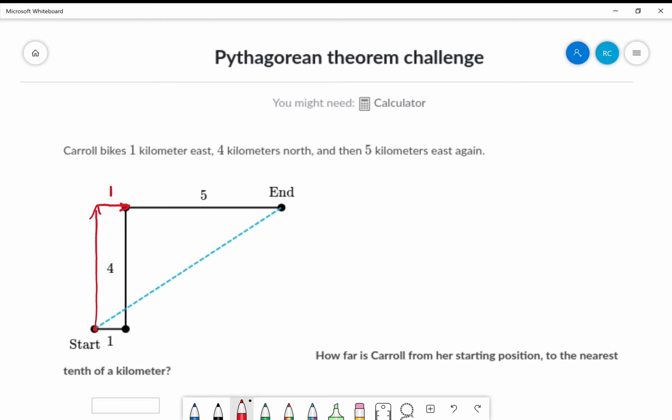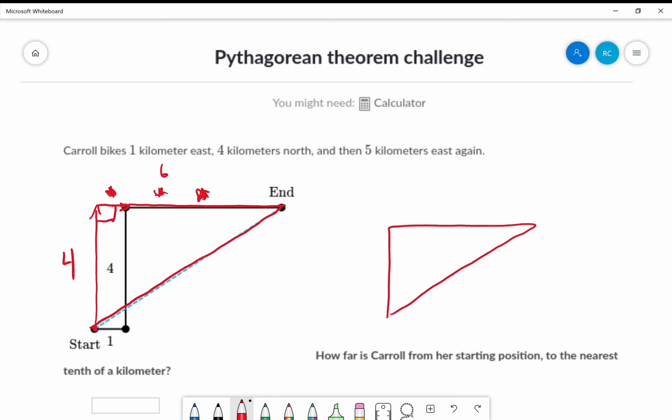Well, no. And now what we've got is a right triangle that has one leg of 4. This other leg is 1 plus 5 is 6. There's our right angle. And we can just separate that out. 4, 6, x.